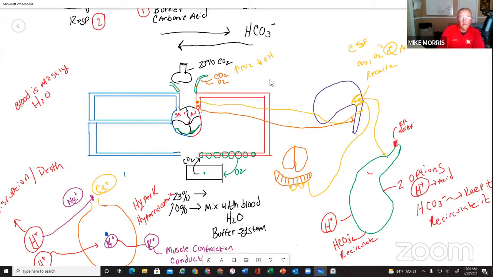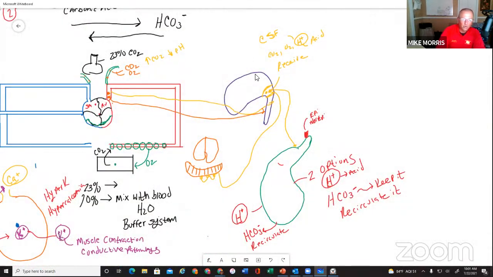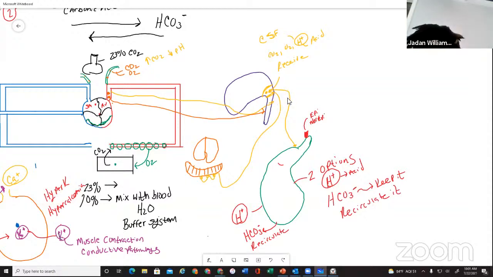This is kind of how I remember it. It may not be factual, but it's how I remember it. The brain has to communicate with the kidneys to pee off hydrogen and to hold bicarb. Sometimes it takes time to call somebody and tell them what you want them to do. You'll call somebody and go, hey, can you do me a favor? And they go, what do you need?